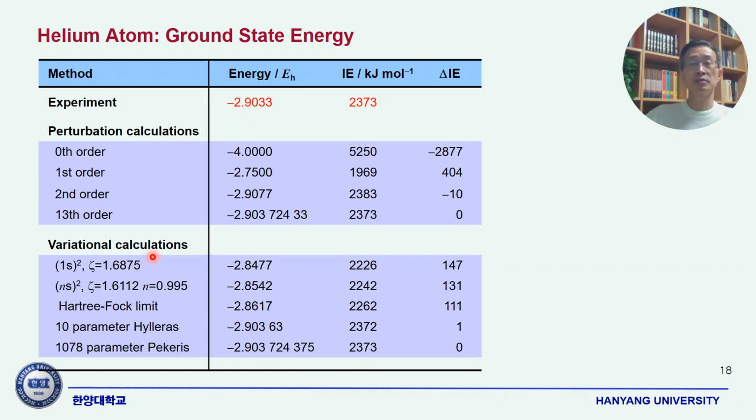Usually computational chemistry utilizes this method, and then goes beyond the Hartree-Fock limit to recover the correlation energy. That is the usual way in quantum calculation.